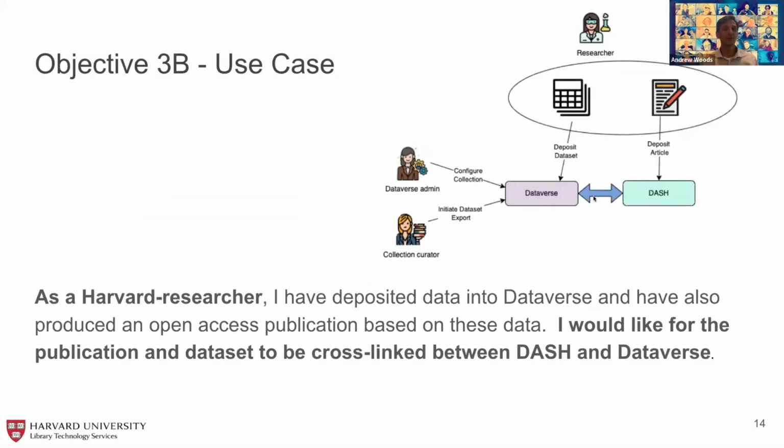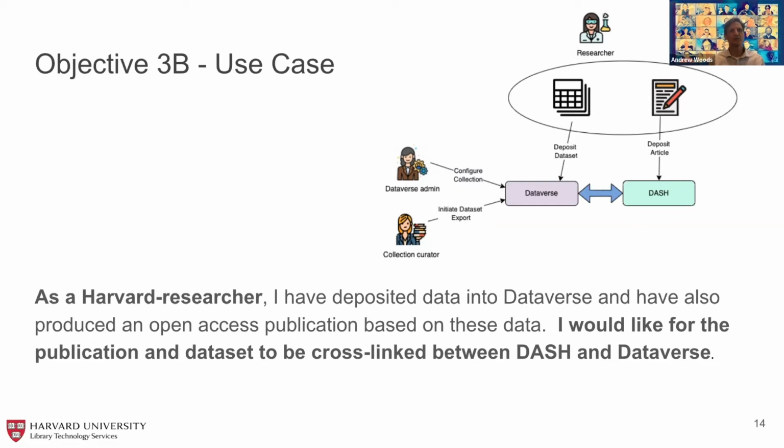And then the fourth objective with Harvard Data Commons and associated use case is this integration between the data repository and the open access repository. The use case being, as a Harvard researcher, I would like for the publications and data sets that I publish to be cross-linked.